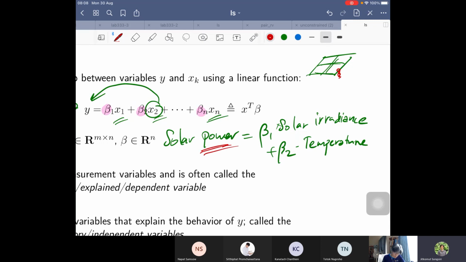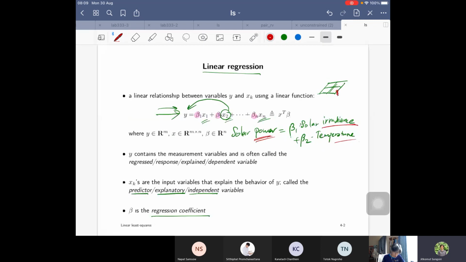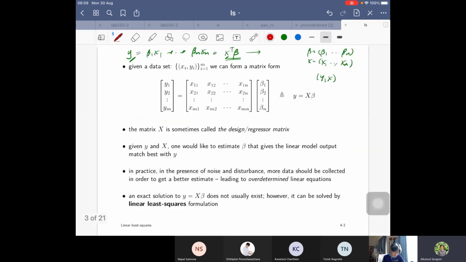You can have a weather sensor where you can sense the solar radiation and the temperature. At various times, on various days, you're going to have a bunch of these measurements.